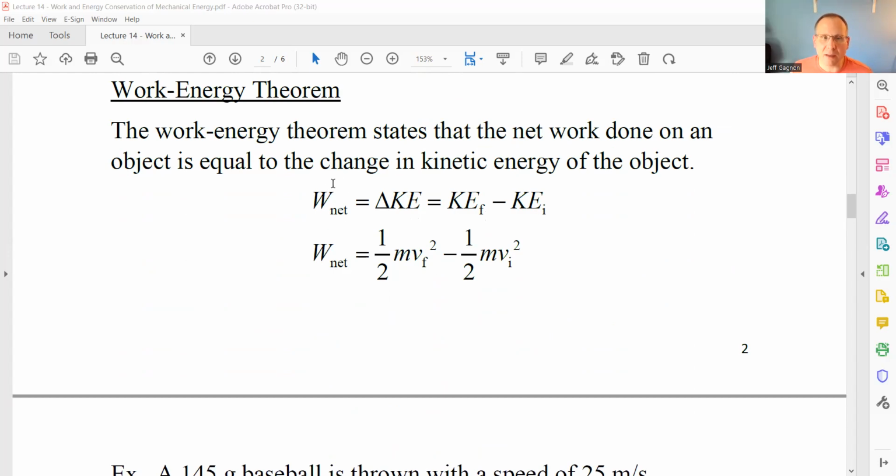So the net work done is the final kinetic energy minus the initial kinetic energy. Expanding further, since kinetic energy is 1/2 mv squared, the net work done is equal to 1/2 mv final squared, where the final velocity is really just a speed, minus 1/2 mv initial squared. That gives us the net work done on the object.